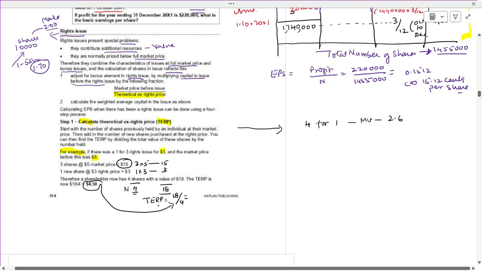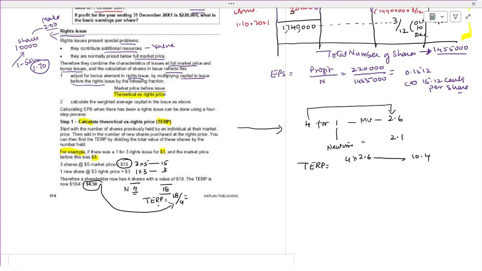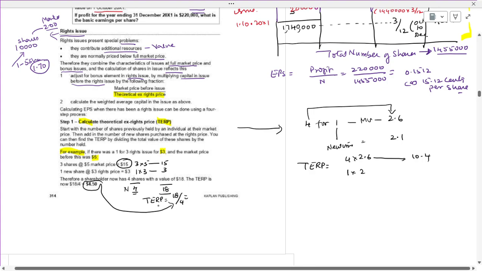The new issue is assumed to be 2.1. To find the theoretical X rights price, 4 into 2.6, how much do you get? $10.4. Next, 1 into 2.1 is 2.1.